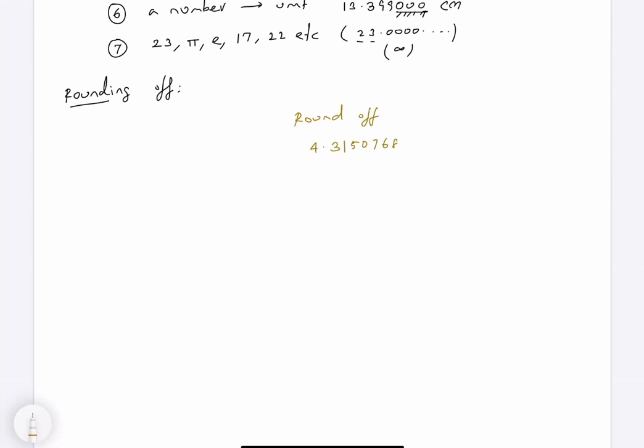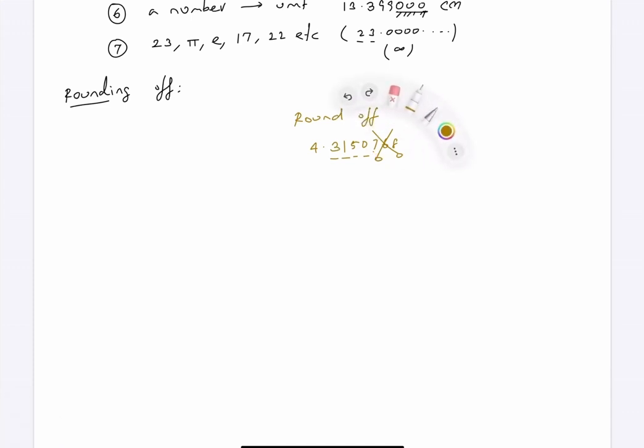They ask you to round off till 4 decimal places, which means that this is first decimal, second decimal, third decimal, fourth decimal. So I need to remove this part. Let me cut it with the scissor. So for that, you look at the digit at the fifth decimal place, and then you decide what to do, right?